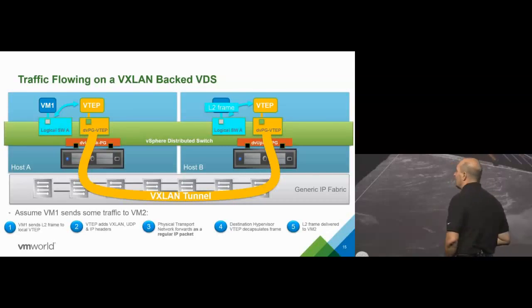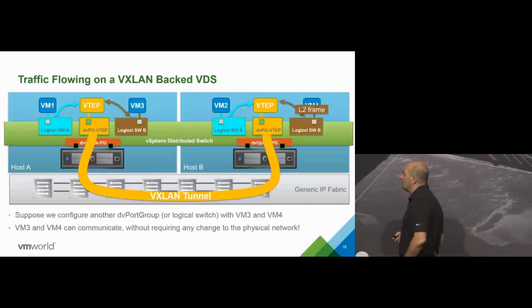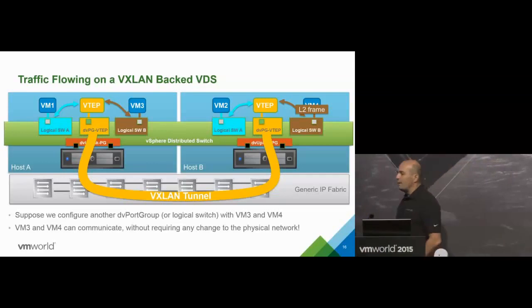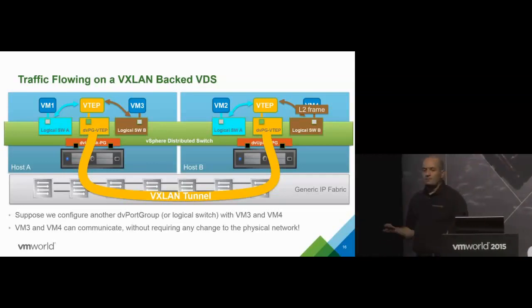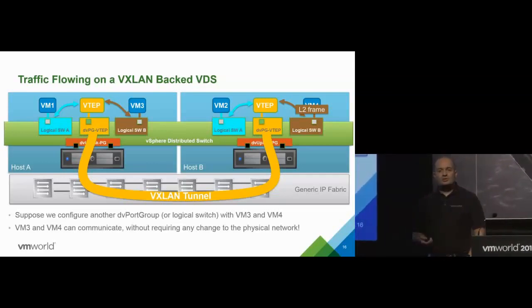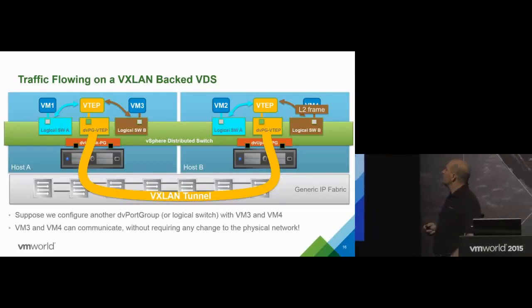But the beauty of this model is that if I want to create my new layer 2 domain, my logical switch B, nothing changes from the network point of view. For example, here I have my brown logical switch. I need to send a frame from VM4 to VM3 on this logical switch.